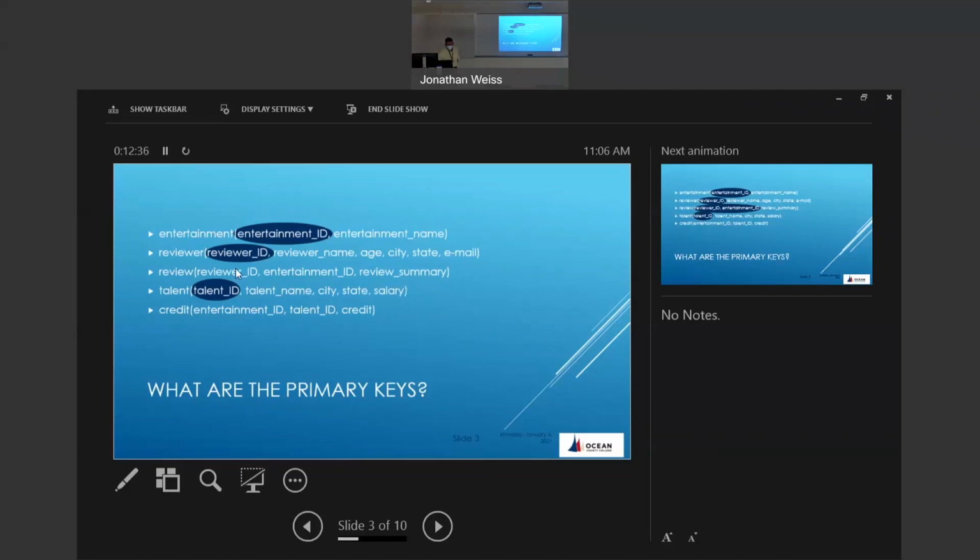So if we have the reviewer ID and the entertainment ID, we pretty much know who the reviewer is. So the primary key for review is that combination. That will uniquely identify a specific review. And how about for credit?